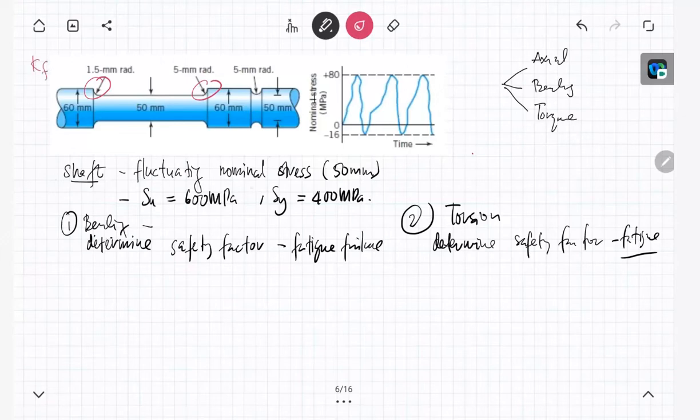So nominal bending, okay. Next, Kf. We have to identify the critical point.